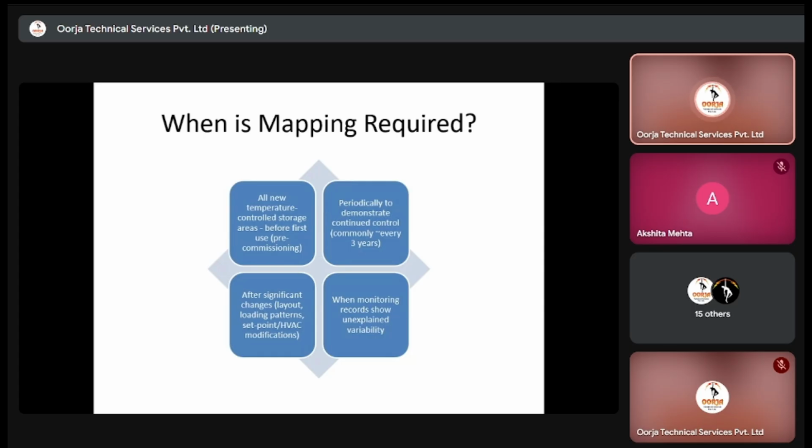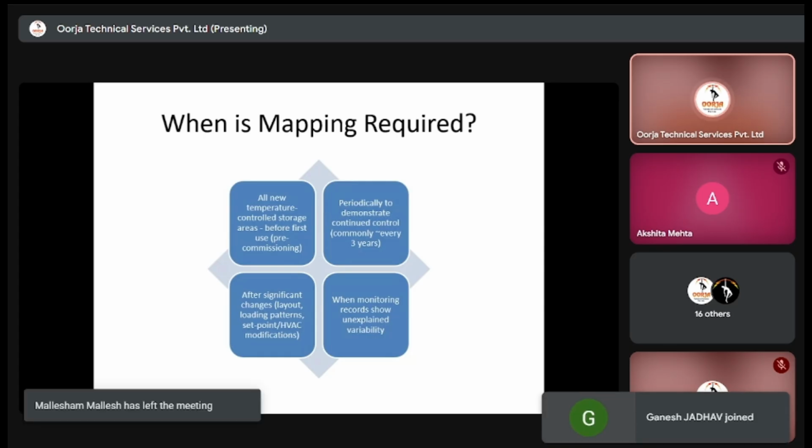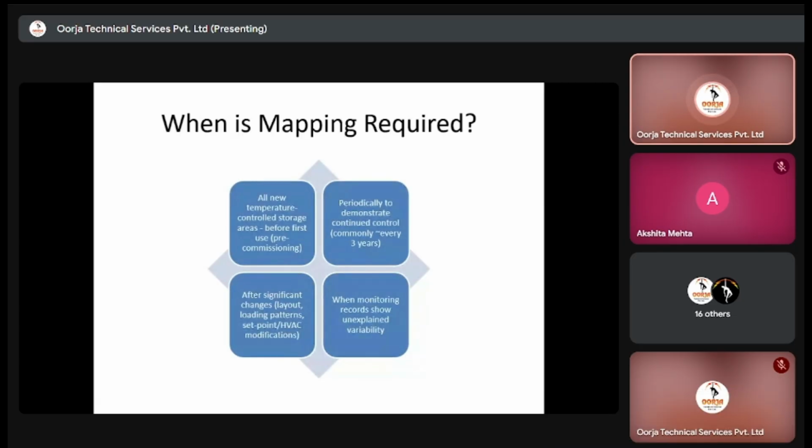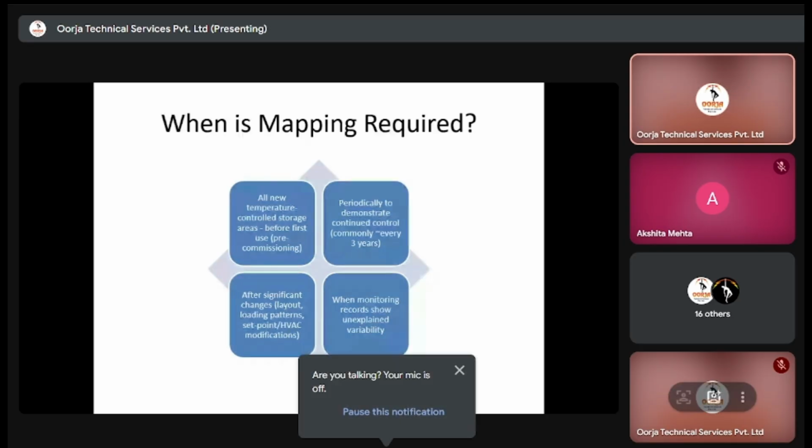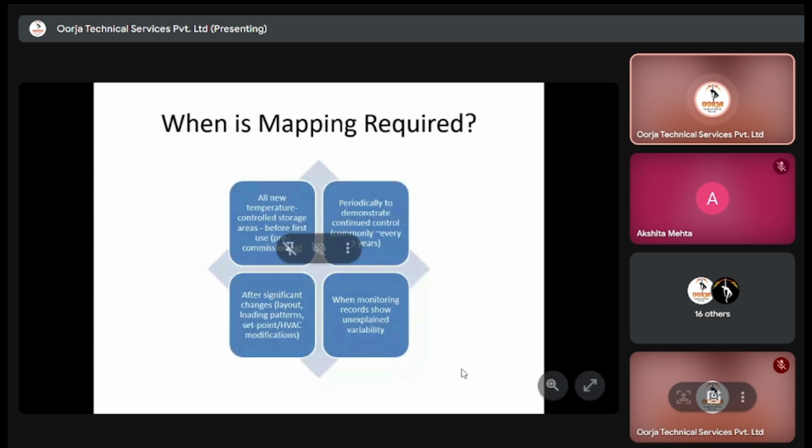Continuously, based on the criticalness and the due time for the mapping, the space that was compliant 3 years ago, 1 year ago, 2 years ago, depending upon the time, may not be the same as today, because the equipment we use inside the area may be affected due to aging. The seals that were used may degrade, so there may be some leakage to the ambient conditions, so temperature may vary.